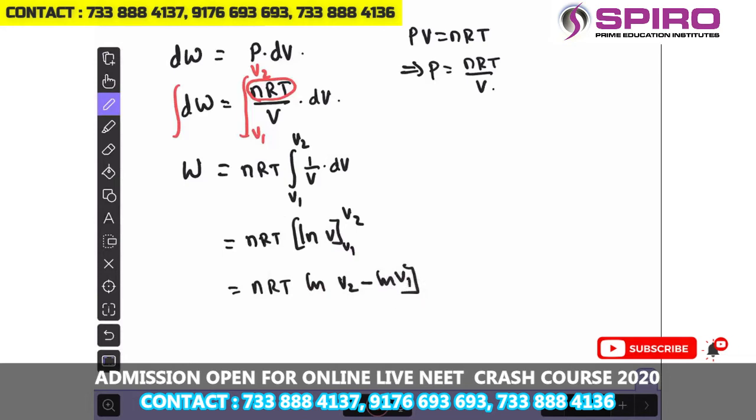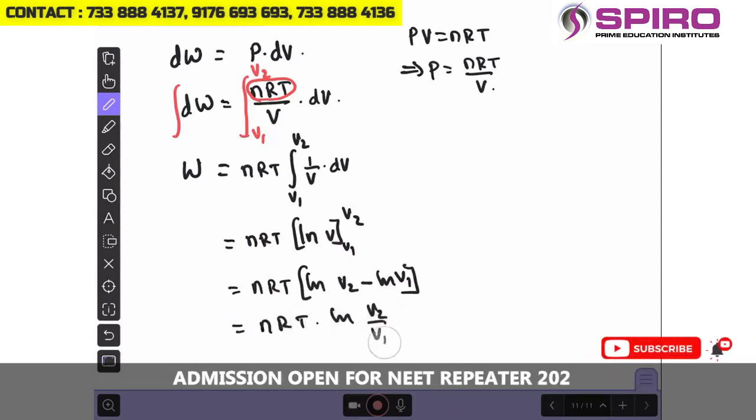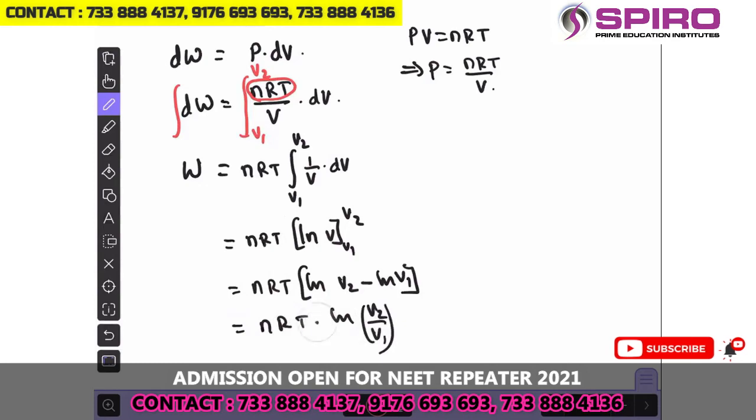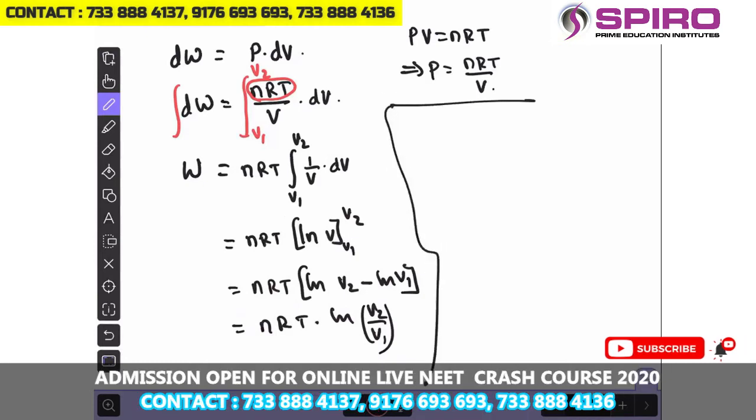And ln V2 minus ln V1 is written as nRT ln V2 by V1. In terms of the pressure also it can be written according to the process equation. What is the process equation here? The process equation is PV equals constant, that is P1 V1 equals P2 V2, right?